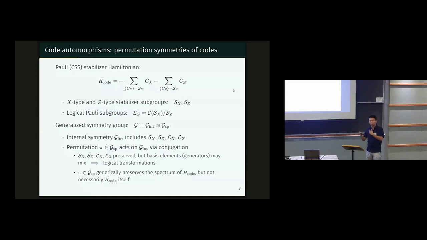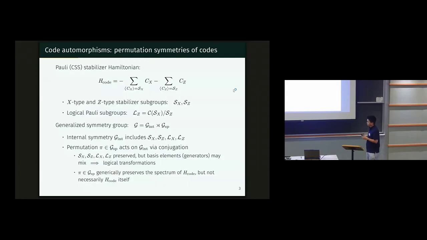When you have logical qubits, you have logical operators that define a basis for the logical group, and these permutations can mix the basis states and enact logical transformations. For the toric code, this doesn't do anything because there's only one logical qubit, but there are other codes, which we'll see, where this will do something non-trivial.